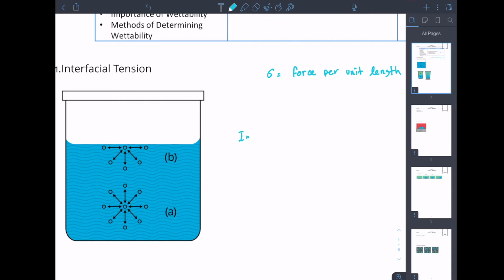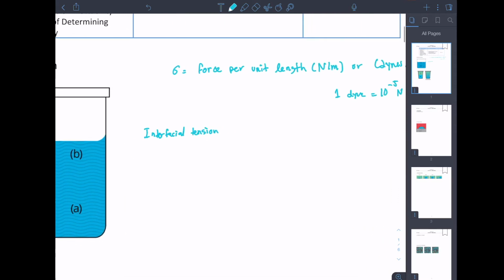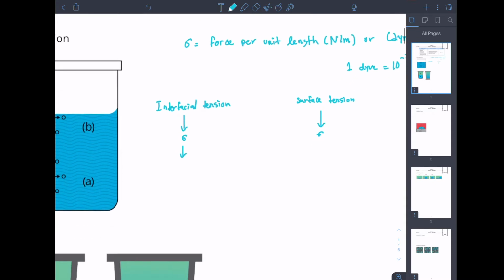Interfacial tension and surface tension both have the symbol sigma. However, the main difference is that interfacial tension is between two different fluids.